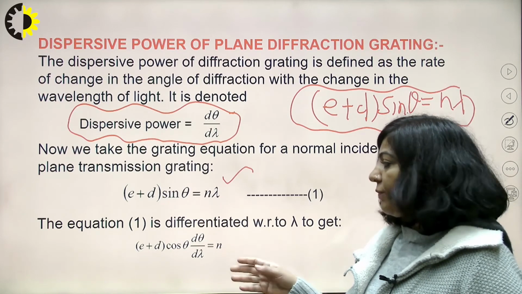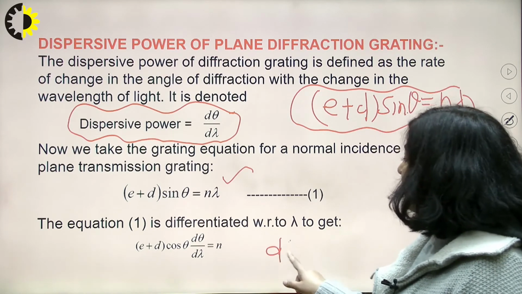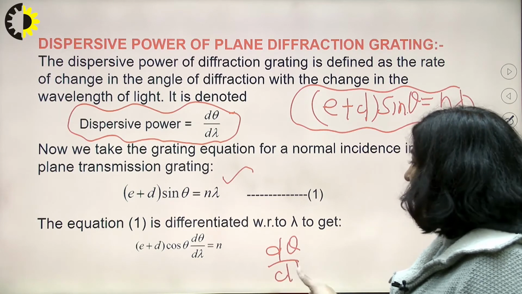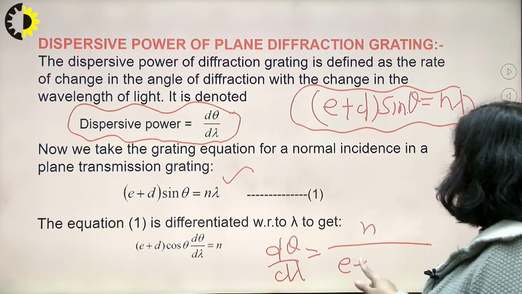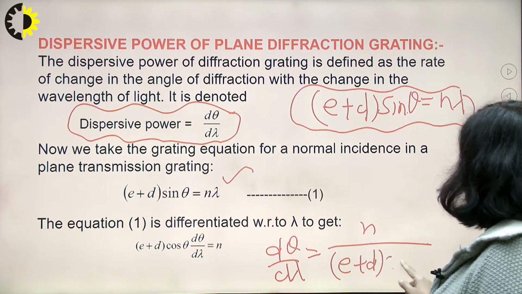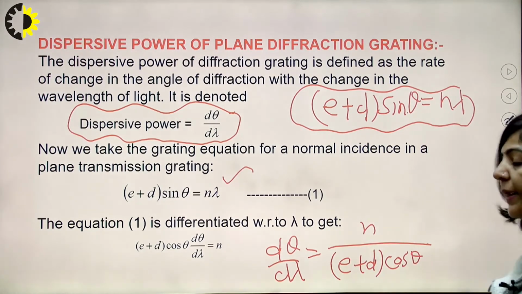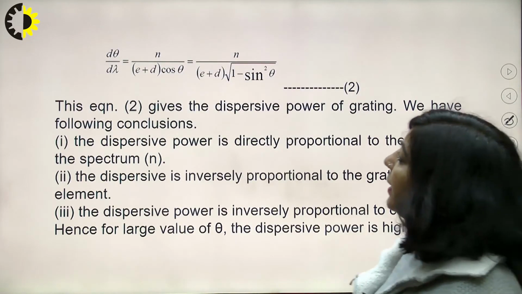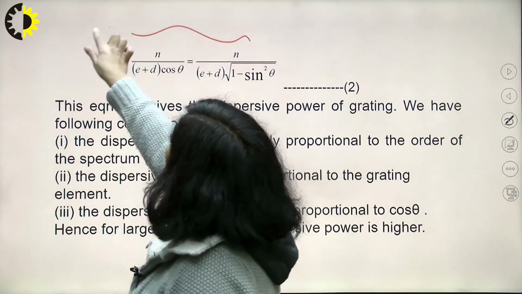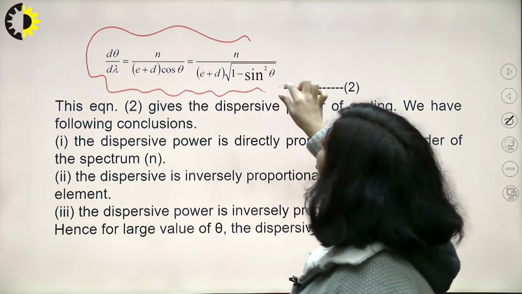So the dispersive power will be equal to n upon (e plus d) cos theta, right? This is the expression for dispersive power of a grating: d theta by d lambda is n upon (e plus d) cos theta.